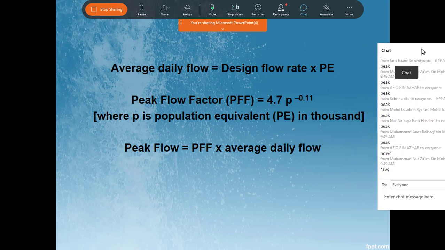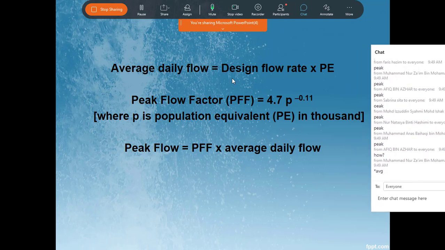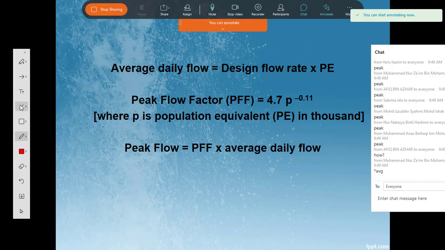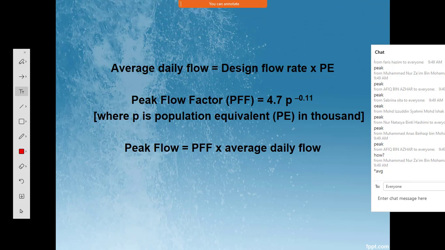All right, so the average daily flow equals the design flow rate, which is 225. Let me write it here. The average flow rate is 225 times the PE.